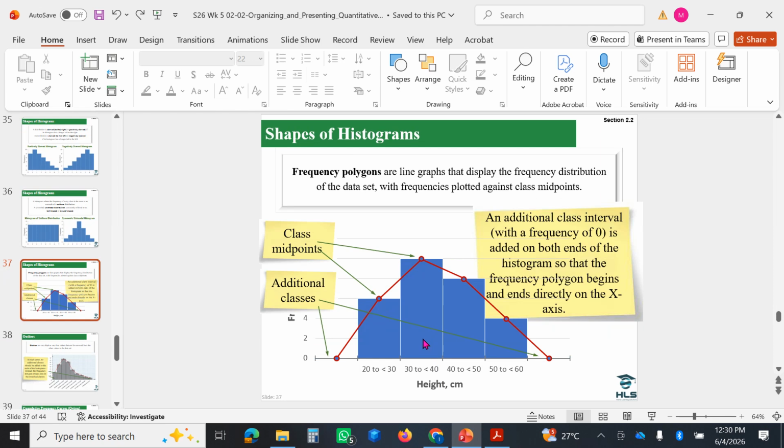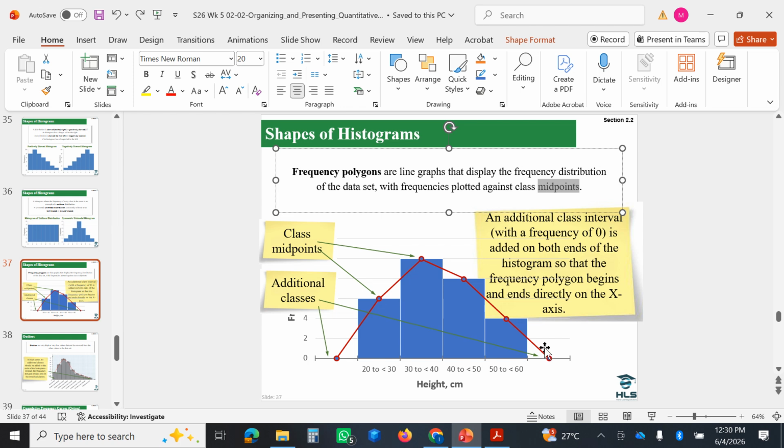Let's go. Frequency polygon. So there's your histogram, and to make a frequency polygon, it's a line graph that displays the frequency distribution of the data set with frequencies plotted against the class midpoints. You'll notice this frequency polygon starts on the line and then jets up to the first midpoint, to the next, to the next, and back down to the line.